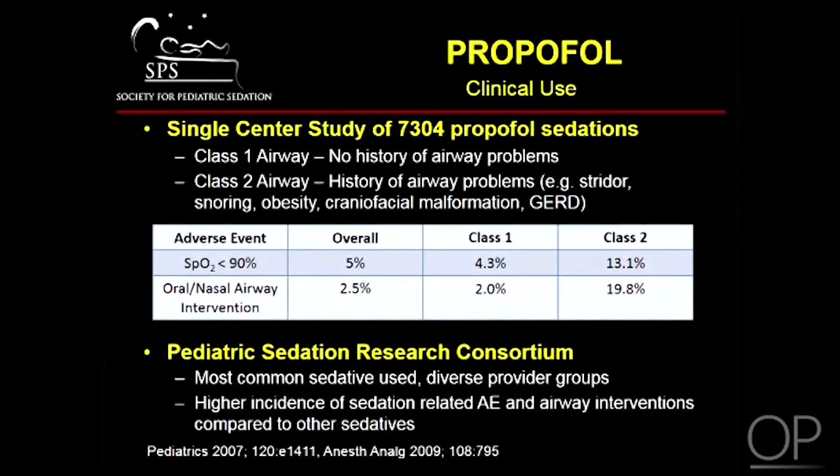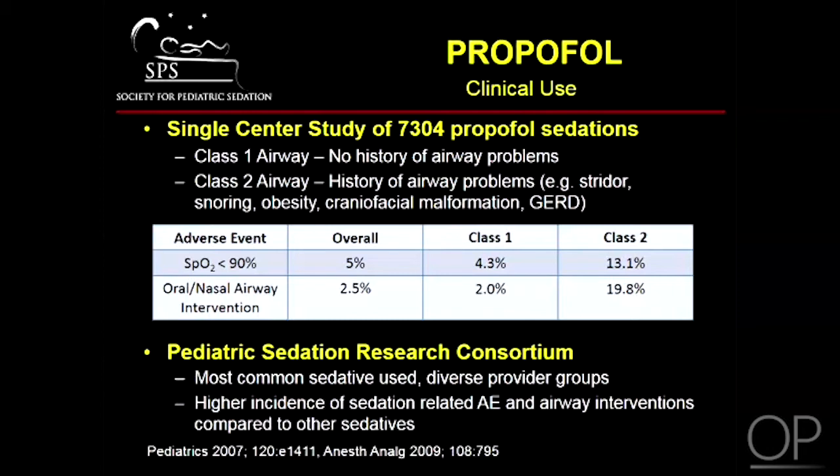One of the earliest accounts of propofol use on a large scale for procedural sedation outside of the operating room was a prospective single-center study that examined the safety profile of propofol for over 7,000 pediatric procedural sedations. The study examined propofol for a diverse group of procedures, both invasive and non-invasive. Overall, oxygen desaturations occurred in almost 5% of patients, with 2.5% of patients requiring either an oral or nasal pharyngeal airway.